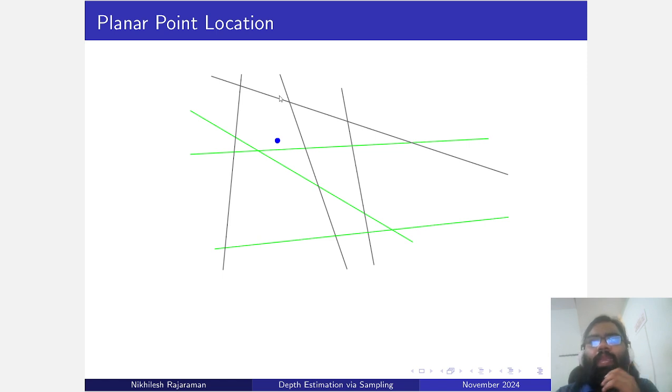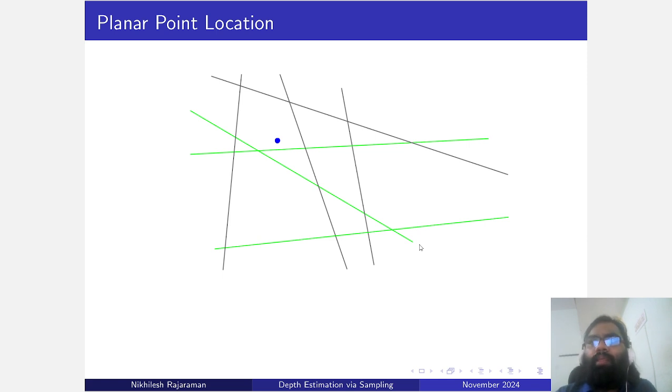If you take any point that's inside this pentagonal region, and we look at the lines that lie below it and the lines that lie above it, so any point within this region is going to have these same 3 lines lying below it. All the remaining lines, the black lines, are going to lie above the point.